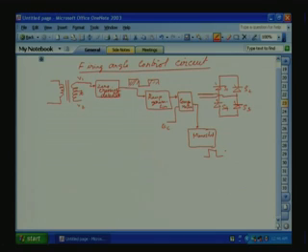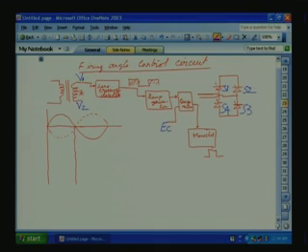So, how will it look? You have the sinusoidal reference. After stepping down, it is negative also. This positive side is for generating the pulse for S1 and S3, and the negative, the opposite waveform, is for S2 and S4.